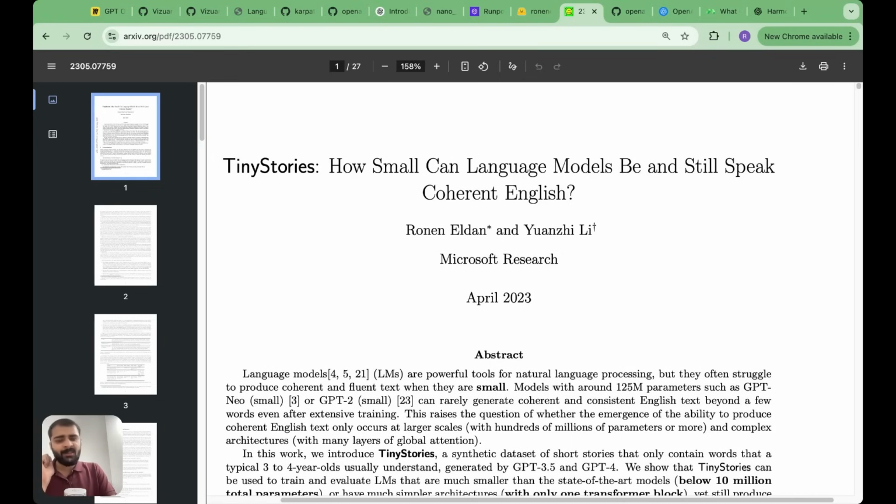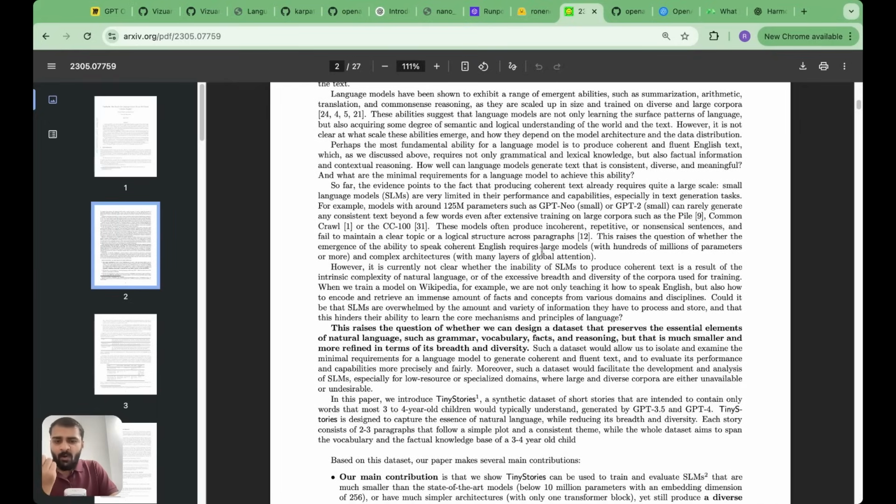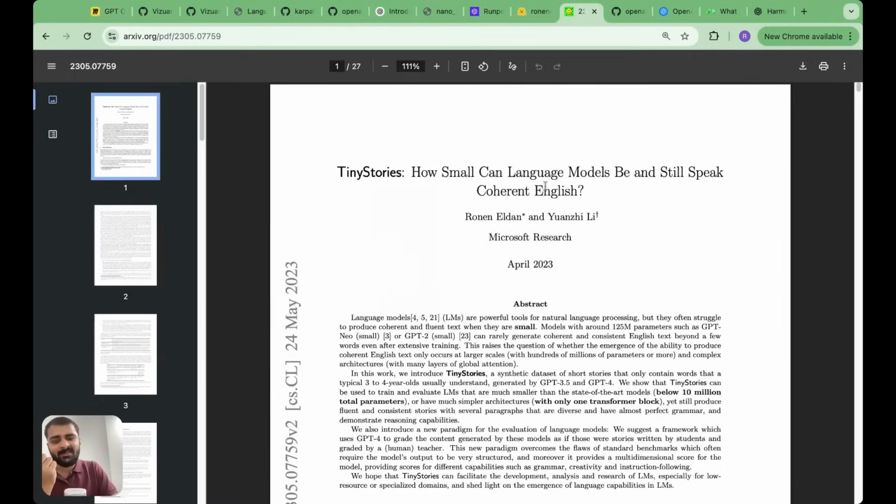What the authors showcased here is that if you smartly construct a dataset which preserves the nuances of the English language, which preserves the structure and the meaning of English language, even if that dataset is small, you don't need a billion parameter model to learn about the language from that dataset. Even models as low as 1 million parameters, 10 million parameters, 15 million parameters can learn the form and meaning of English language through this dataset.